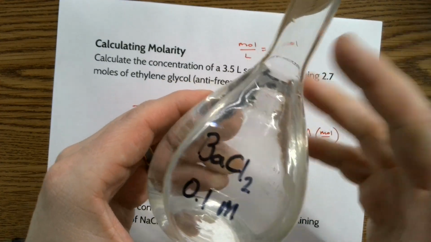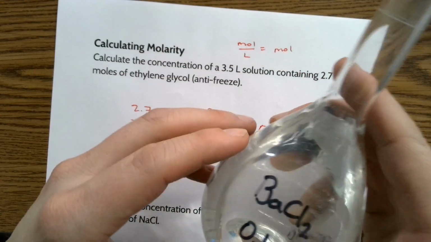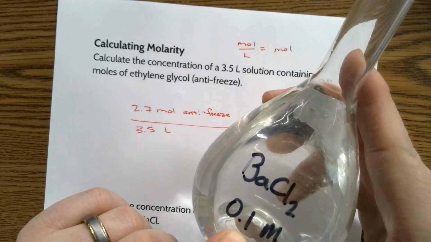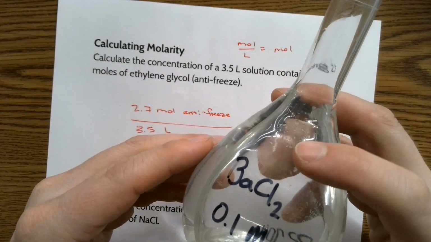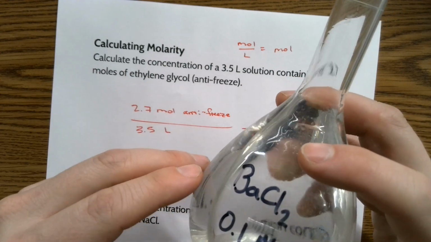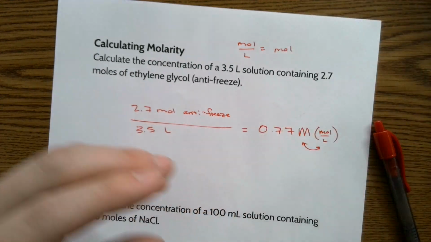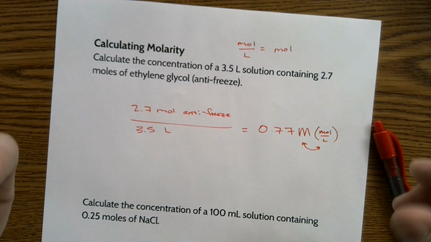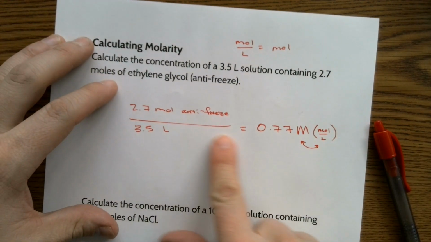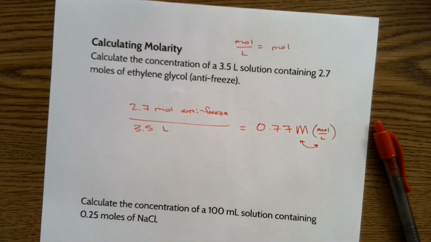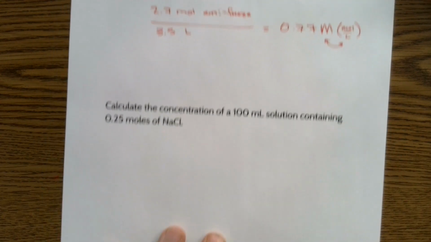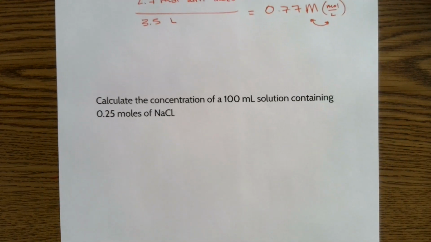I can't tell you if it's a strong or weak solution, but I can tell you that it has this much stuff in it. When you work with it in the lab, specific concentrations are better than others for different experiments. But overall, you're counting out how many moles we have in that solution per liter. Let's go down below and calculate another problem like this.